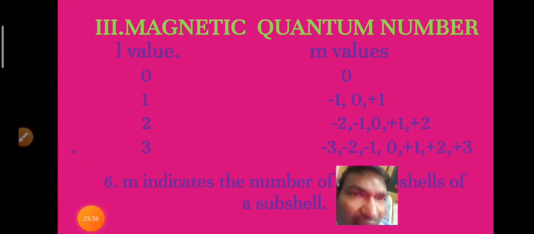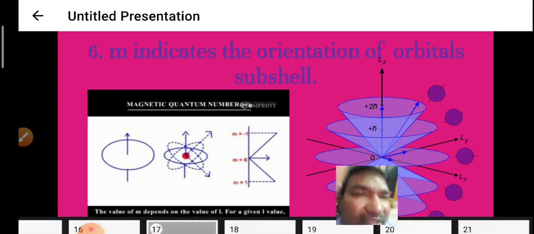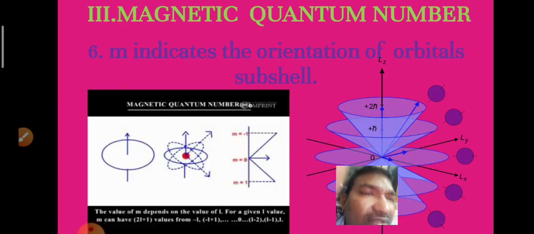The magnetic quantum number tells about the orientation of the orbitals in different directions. For example, the orientation of the p orbital is explained in this diagram.